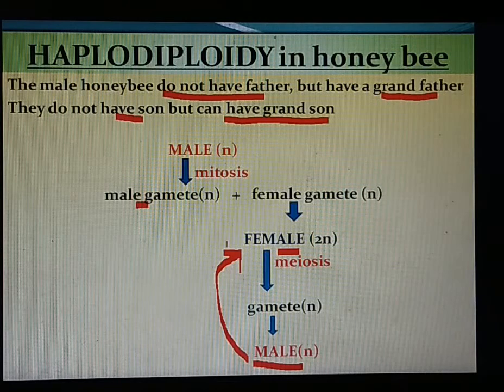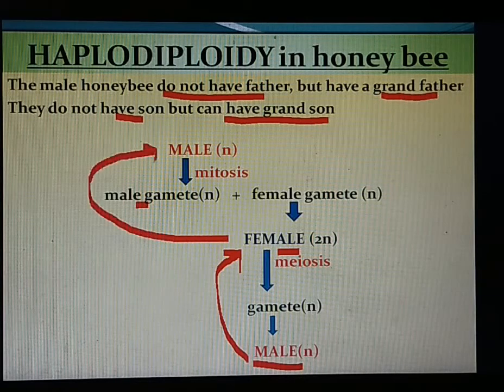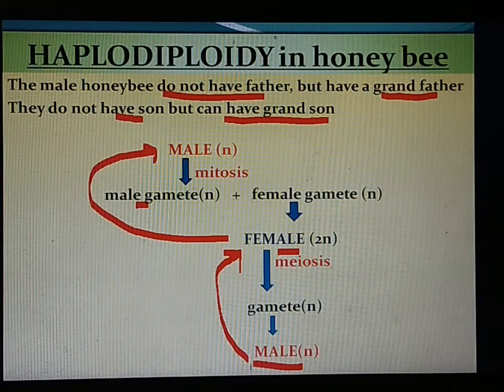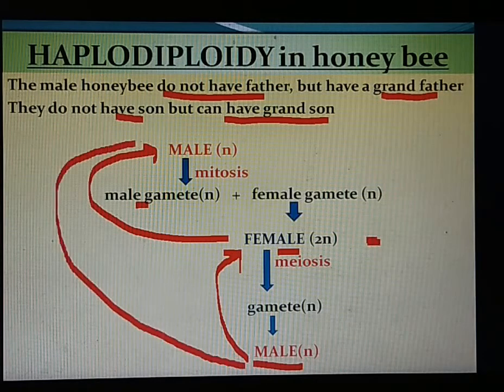The meaning of this is the mother of this male has a father, because this female is formed or developed because of the father. So we can say that males do not have father here, but they can have grandfather.